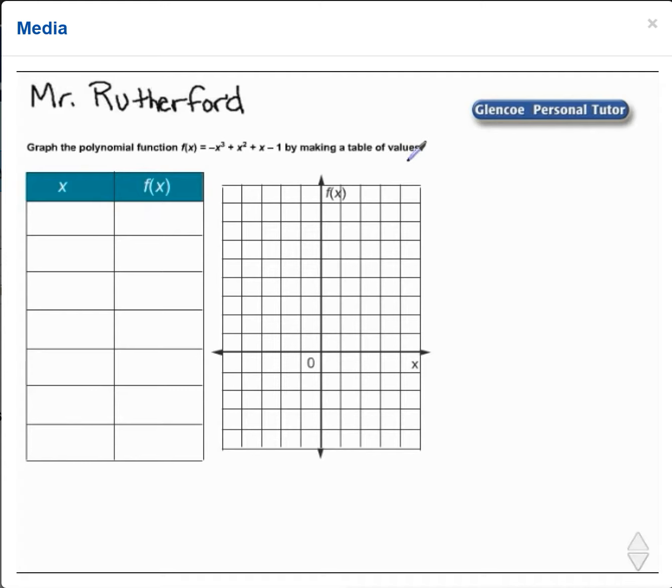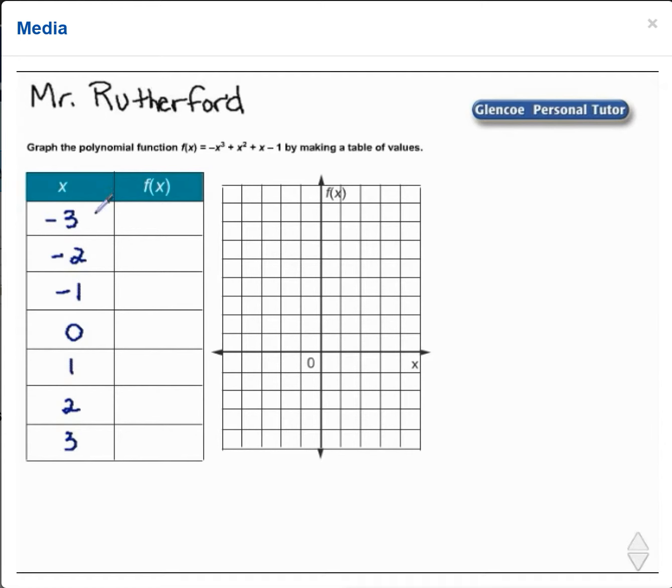In order to make a table of values, we need to pick some values for x, which will be our inputs. So let's choose some. I'm going to choose negative 3, negative 2, negative 1, 0, 1, 2, and 3.